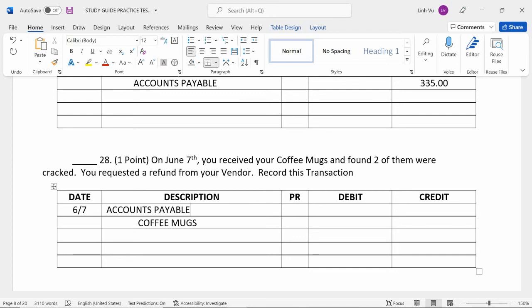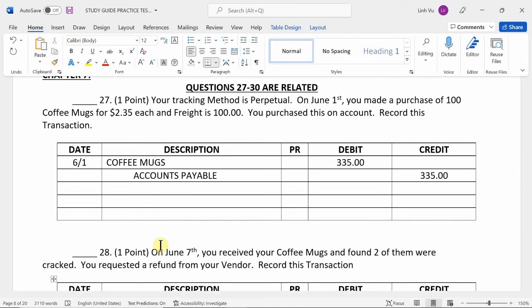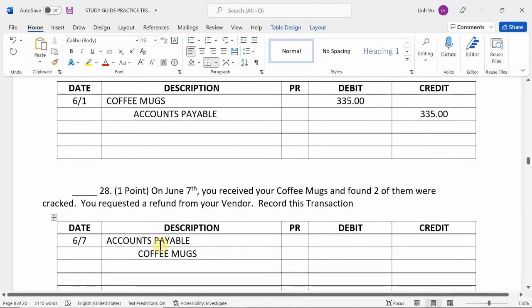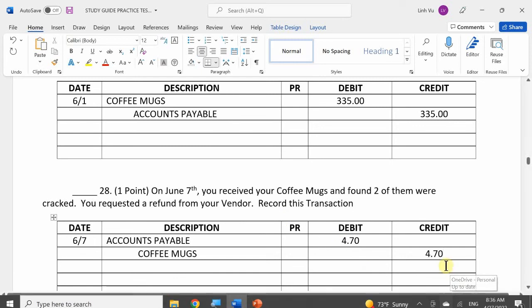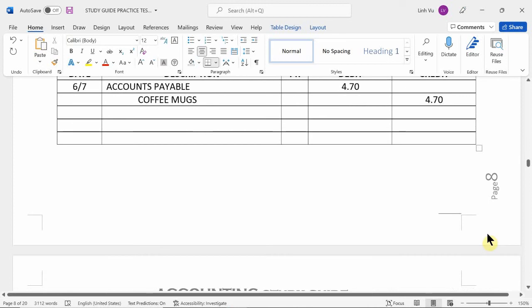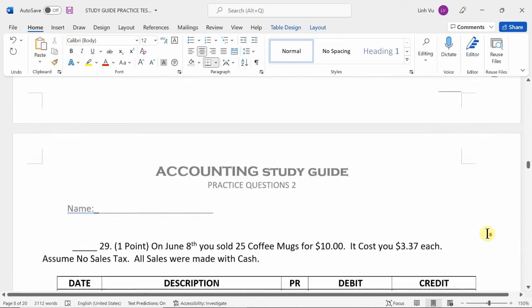How much did it cost me per coffee mug? It would be $4.70. Good, right? $2.35 times 2, right? $2.35 is what I purchased it for. Times 2 will give you $4.70. Good. You returned 2 items at $2.35 each.